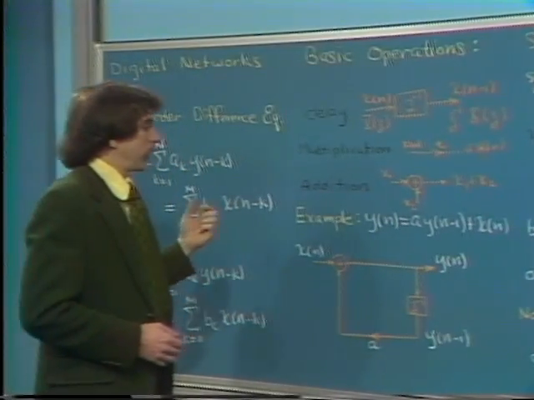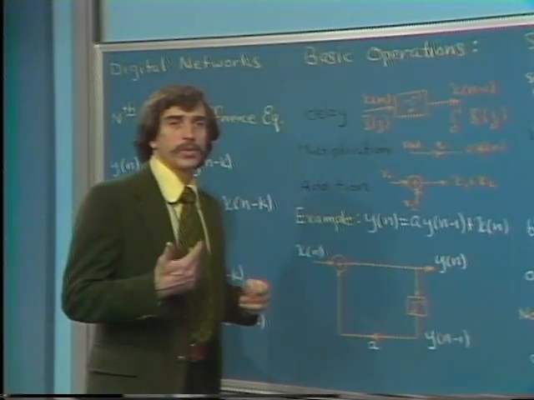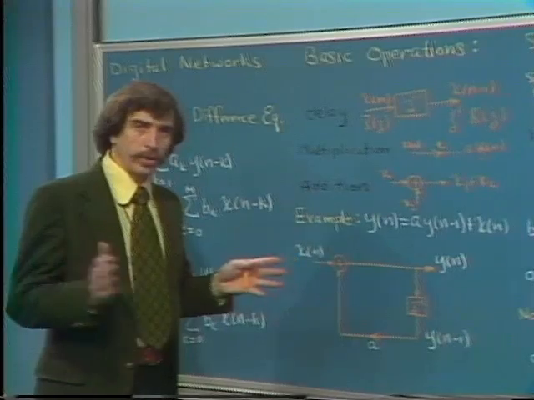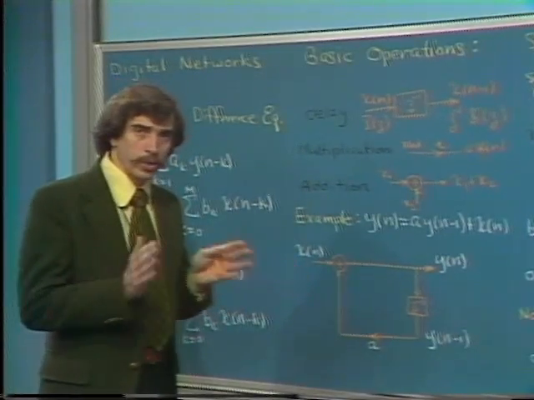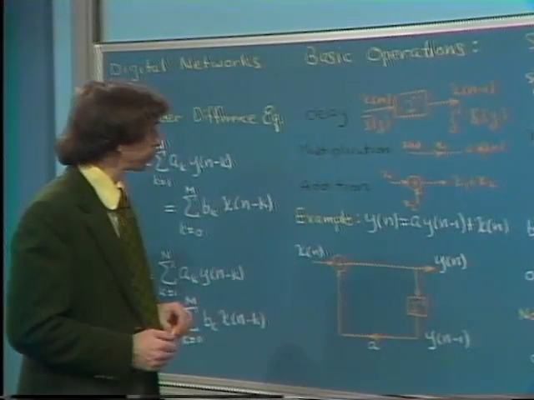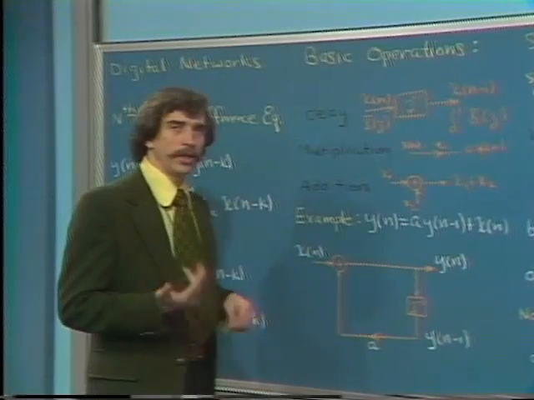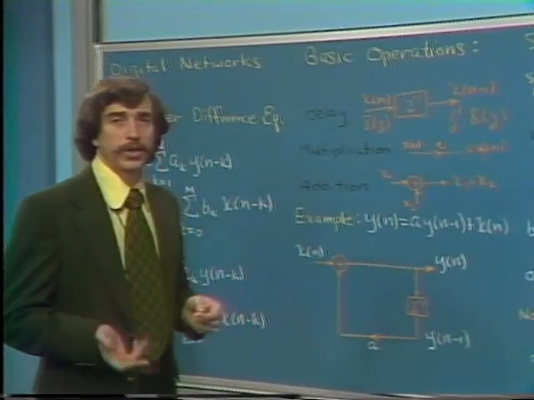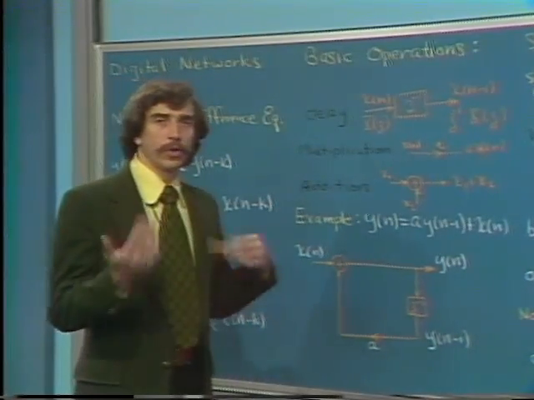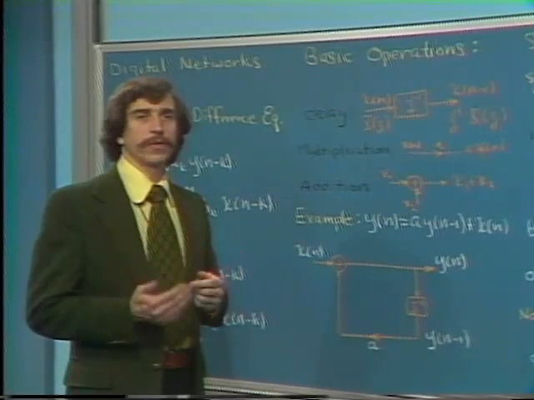Now, in the difference equation, of course, we had to accumulate a number of terms. In other words, there was more than one term that we were adding up. Typically, in either digital hardware or on a digital computer, when we're forming additions, the additions are formed in pairs.